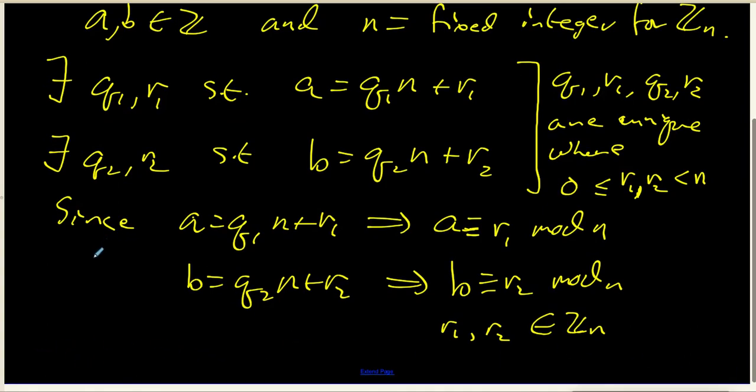Because of this fact here, we know that phi of a is simply r1. And because of this fact here, we know that phi of b is equal to r2. And we're going to use this to show that phi does preserve the ring operations.